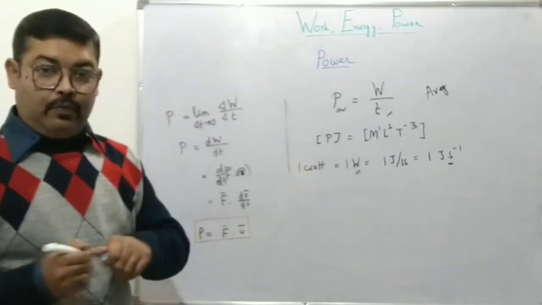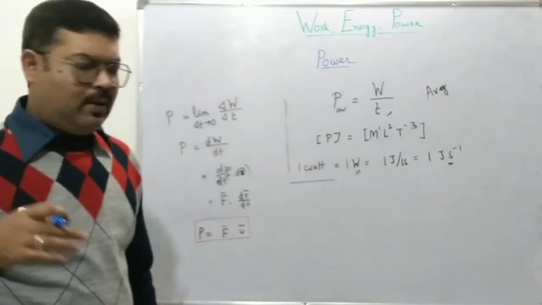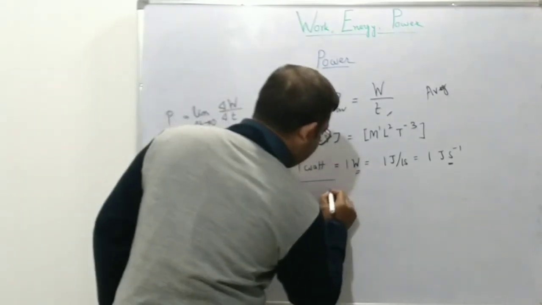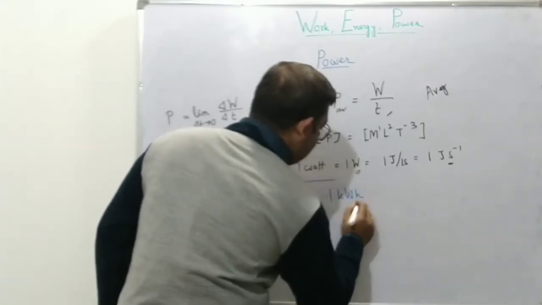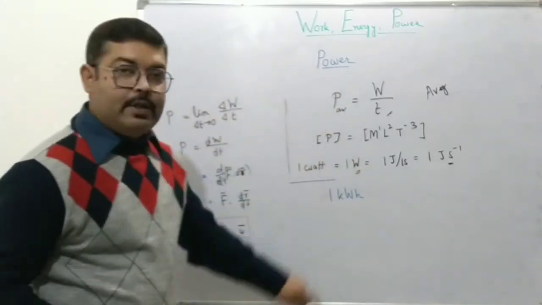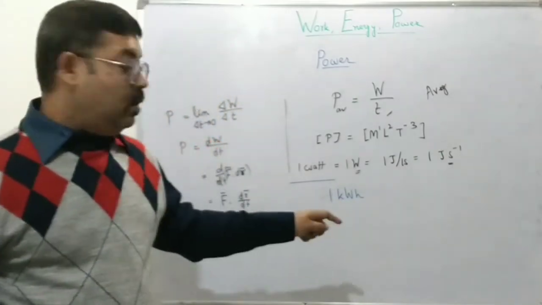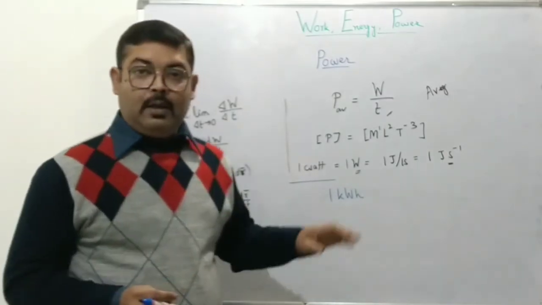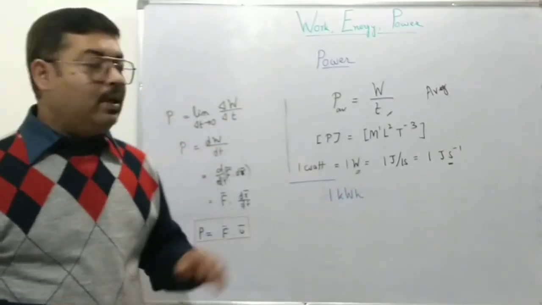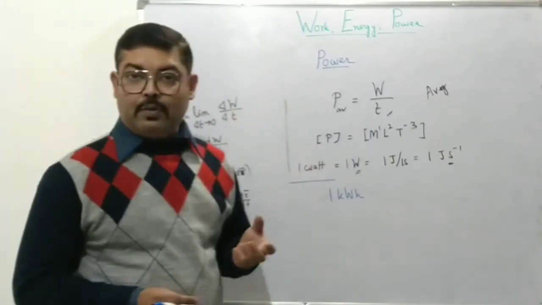Now, in our daily life, we come across a very important unit, kWh or kilowatt hour. What is it? What particular physical quantity does it represent? Normally, we say that this unit is given for electricity power consumption.